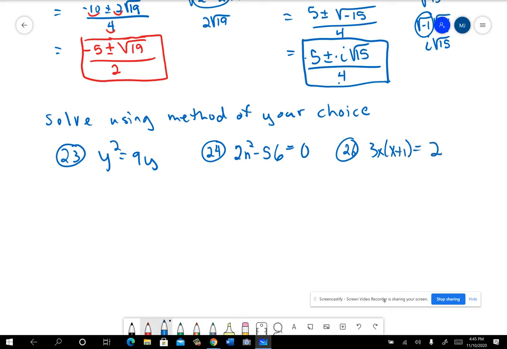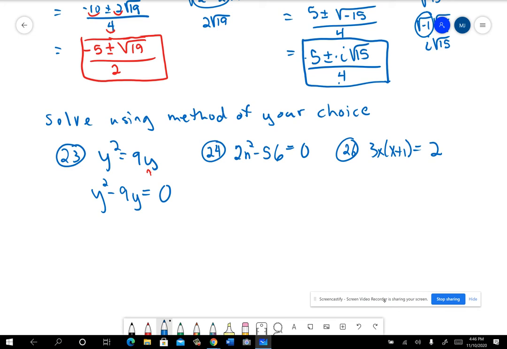Okay, so with 23, you might think you would use the square root method, but you see how this has a y with it? You can't square root both sides right now because of that y on the right-hand side. So you really are going to have to get it equal to 0 by subtracting 9y. All right, when you do, you don't get 3 terms, you just have those 2.